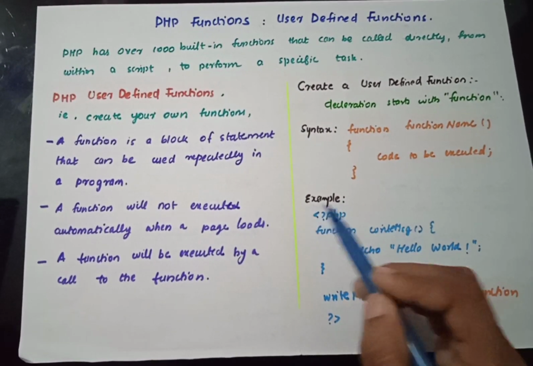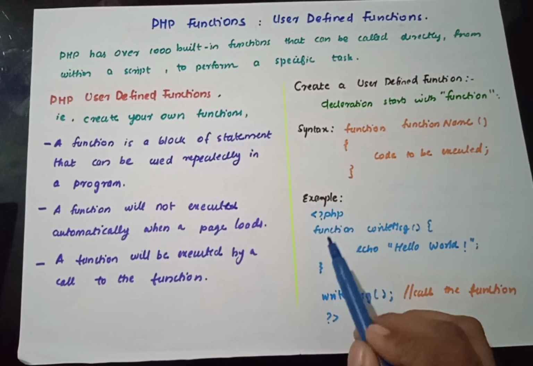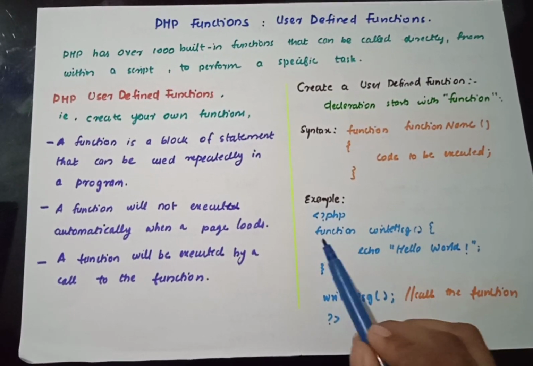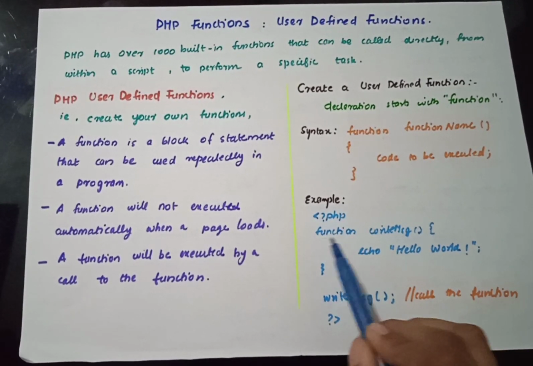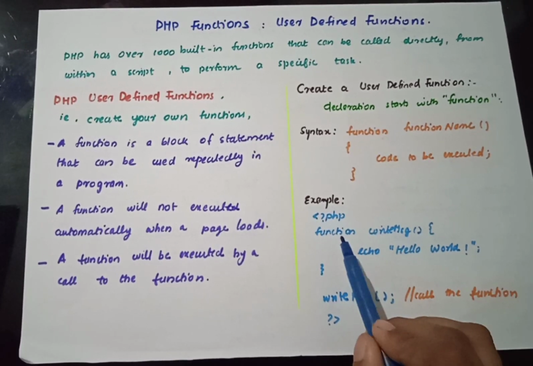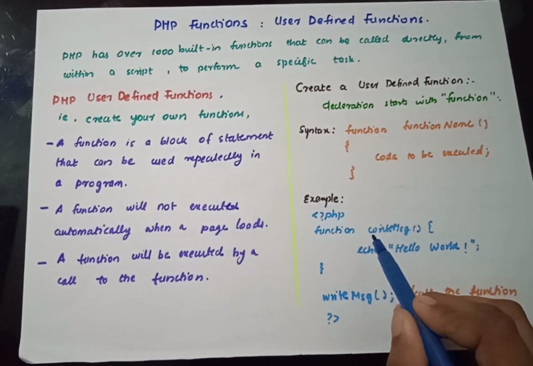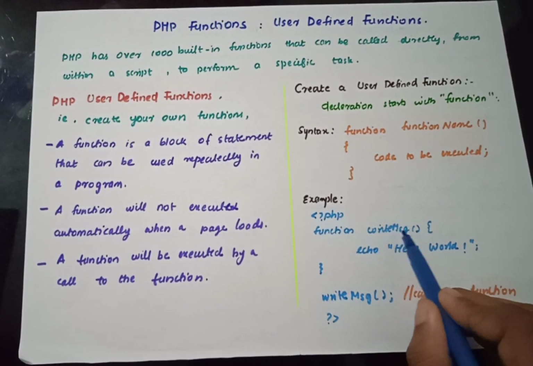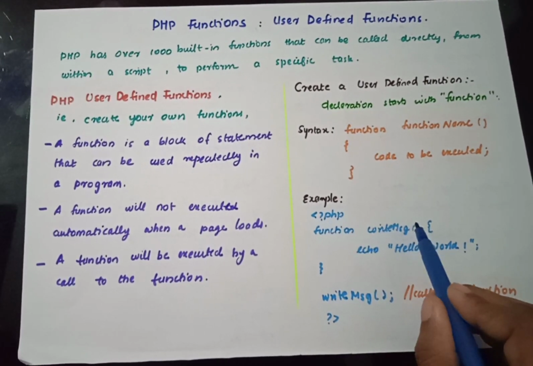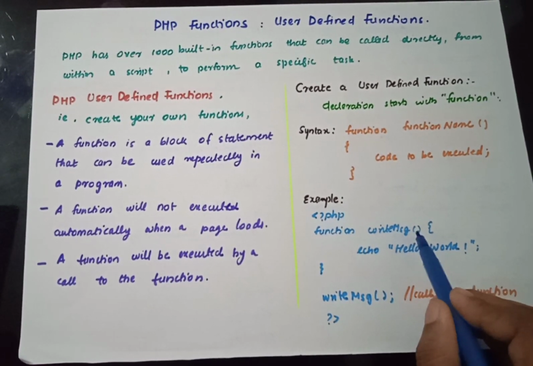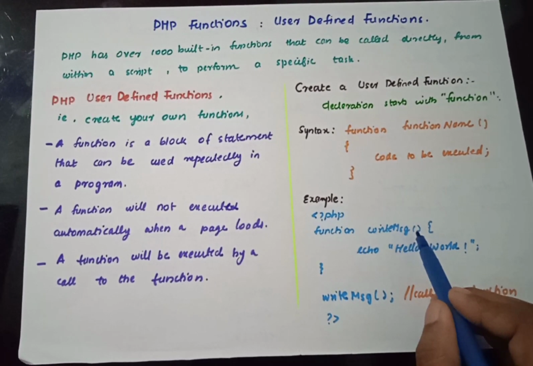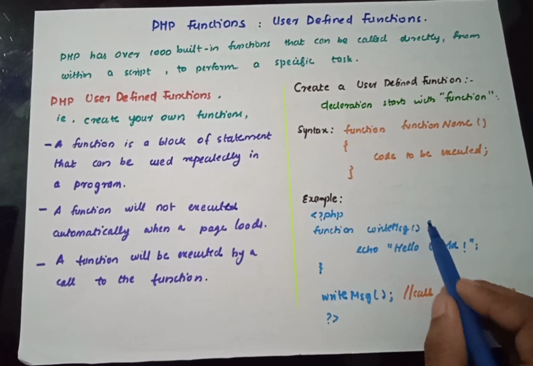Okay, so let's see an example. We started with our PHP function. The word function means you're going to define a function here. This is the user defined function, and this is the name of my function, writeMsg, write message. It may or may not have some arguments, but you have to put these parentheses like this. Okay, so we started our curly brace.